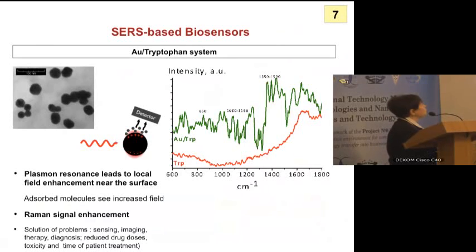This feature could be used for the creation of biosensors and biomarkers. The Raman signal is enhanced if molecules are located at a defined distance between molecule and nanoparticle. We can compare the Raman signal of tryptophan and tryptophan near nanoparticles of gold.